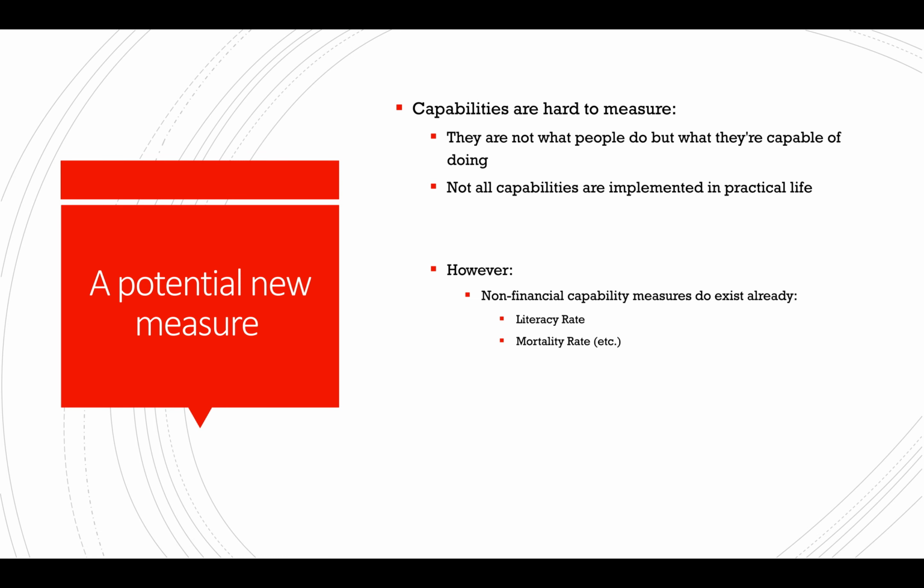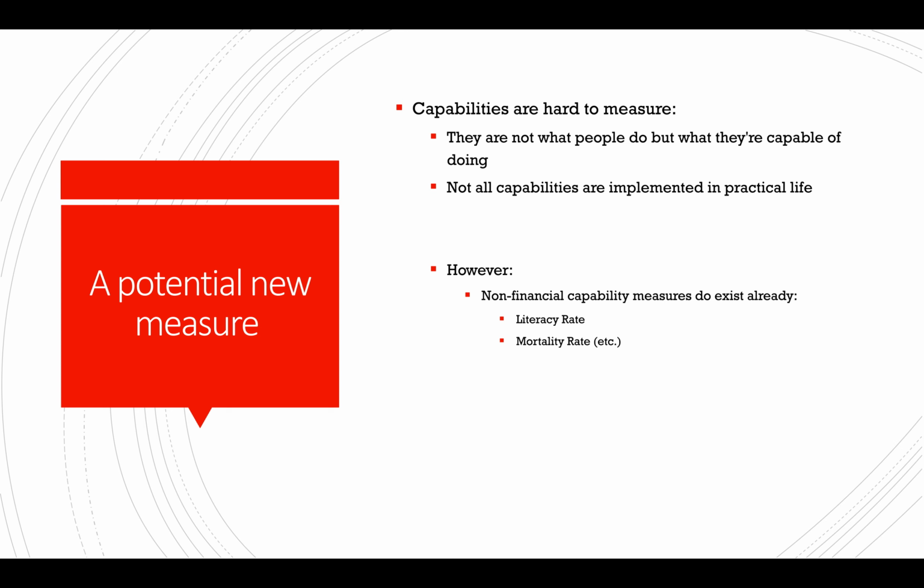It is often argued that capabilities cannot be measured since they're not what people do, but what people are capable of doing. However, non-financial capability indicators do already exist, and these indicators could be integrated into the SPM in order to develop a new measure that aptly fits our definition of poverty. Literacy rate could be one capability indicator since it affects people's ability to get higher paying jobs.